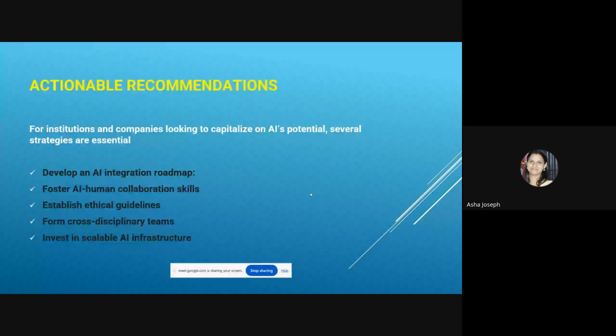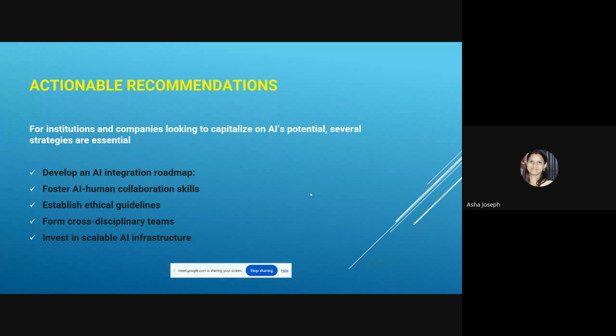That will involve not just technical skills, but also the ability to critically evaluate AI-generated insights within a specific scientific context. And obviously establishing ethical guidelines, so that we need to develop clear ethical guidelines whenever you are making use of AI in research, addressing data privacy, bias, and balance between AI and human decision making.